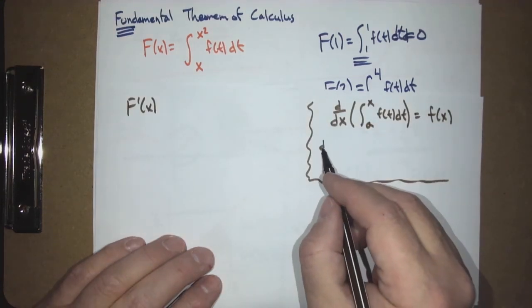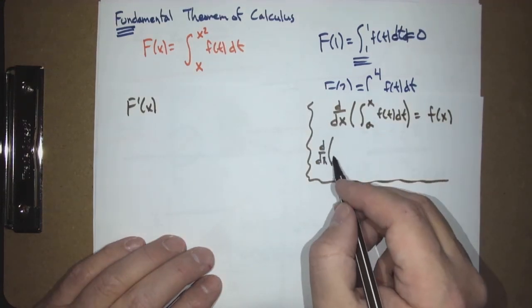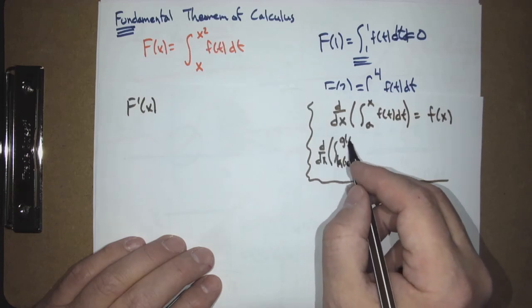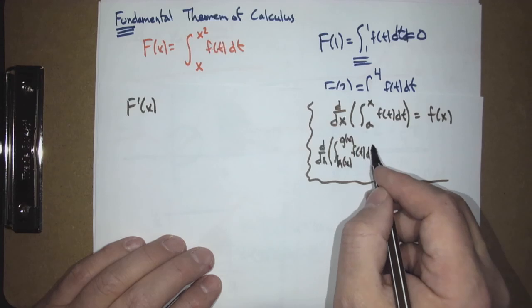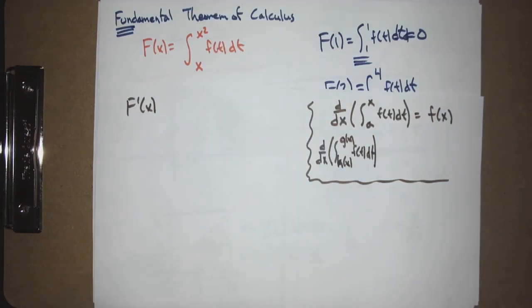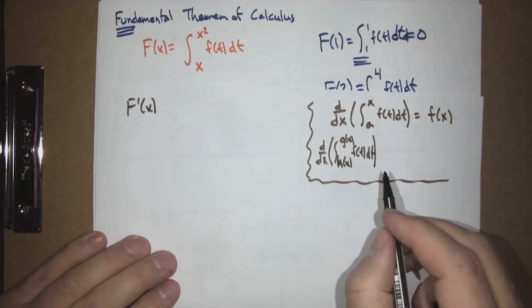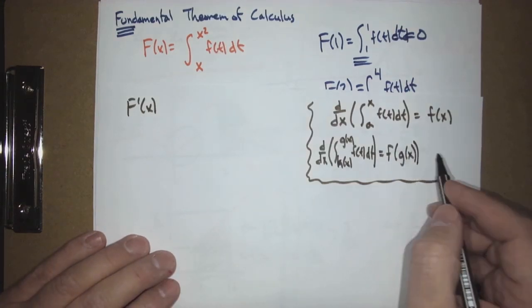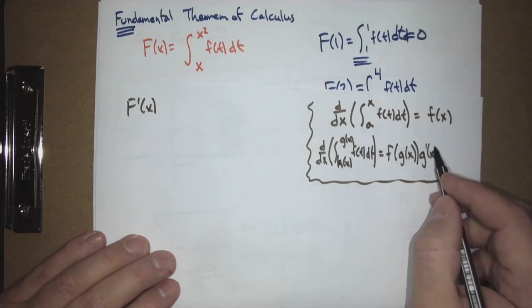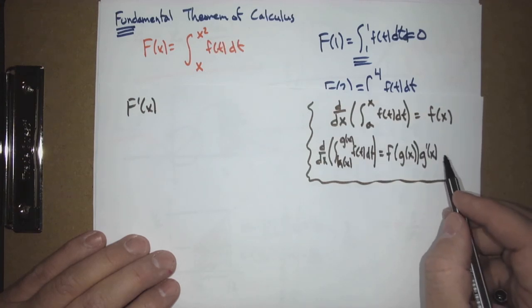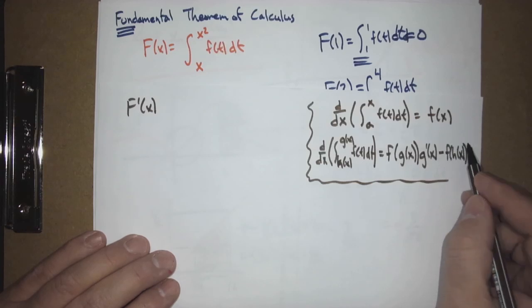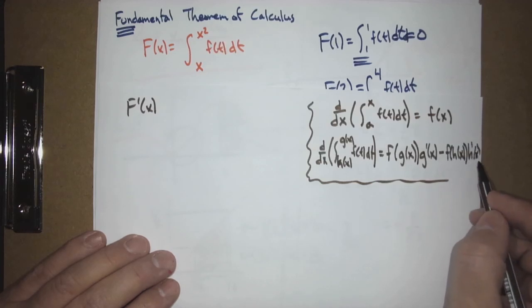Now, you say, but I want more. Great. Let's go from a function h of x to a function g of x of f of t dt. This is chain rule mixed in with the fundamental theorem of calculus. What does this become? F of g of x times g prime of x, which looks a lot like chain rule because it is chain rule, minus f of h of x times h prime of x.